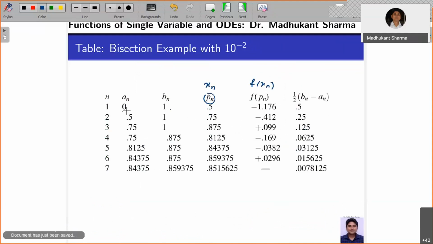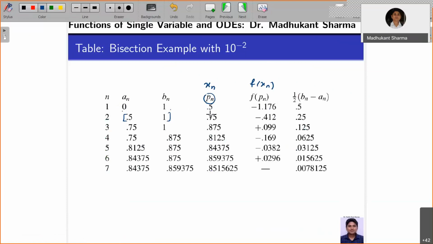Here 0, 1, so the midpoint is 0.5, and the value of f at p1 or x1 is going to be negative. You have seen that f of 0 is also negative and f of 1 is positive. So the root will lie, the Bolzano property will be applicable, in the interval 0.5 to 1. So the next interval is 0.5 to 1.